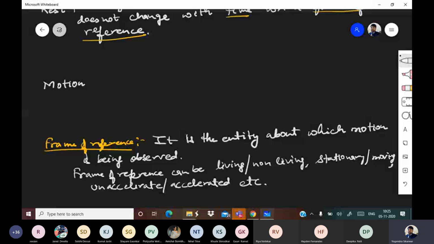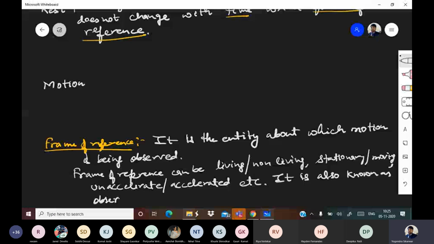Frame of reference is sometimes also called observer. Okay. So basically, when we use the word observer, it seems that somebody is observing.